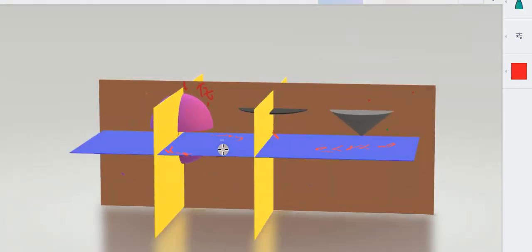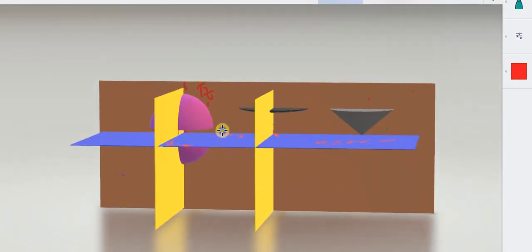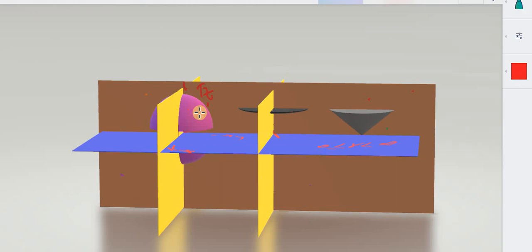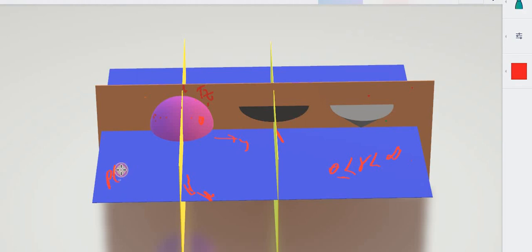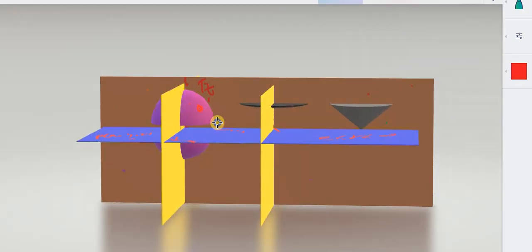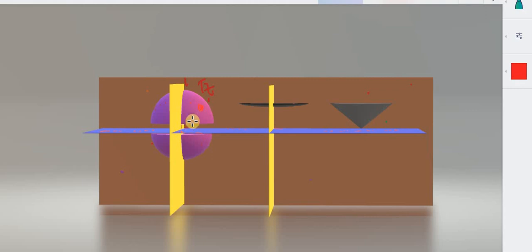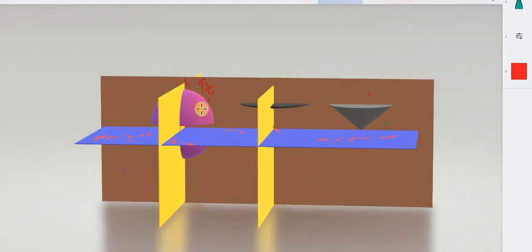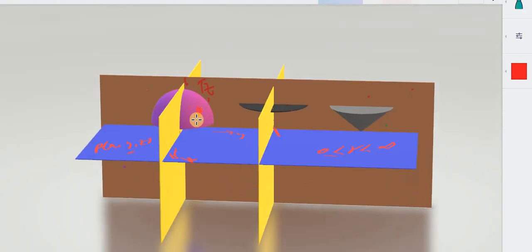Okay, so what would be theta? Suppose I consider any point in this space, say a point P, with coordinates x, y, z in the Cartesian system. The distance from that point to the origin is r, the radial distance.